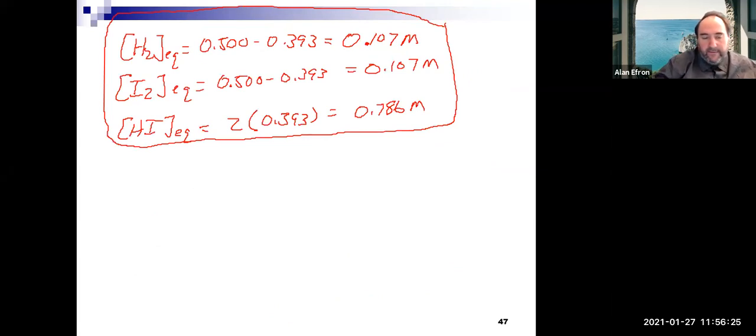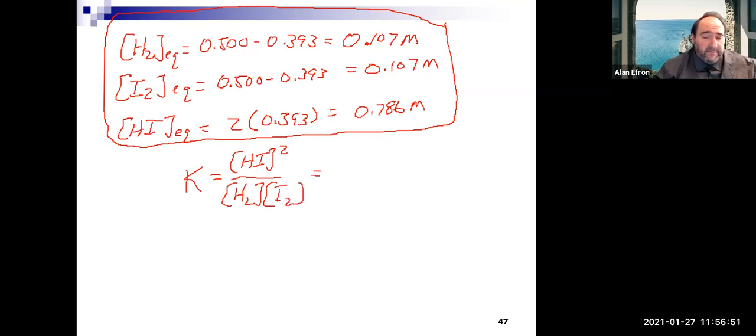Now, the other important thing, since this is a lot of math, is that you can really check yourself to make sure you didn't mess up anywhere along the way in terms of calculations. You can at this point, because these are the equilibrium concentrations, put them back into your equilibrium expression. And what you should end up with in terms of a K value is a K value that's very close to what the K value was in the problem.